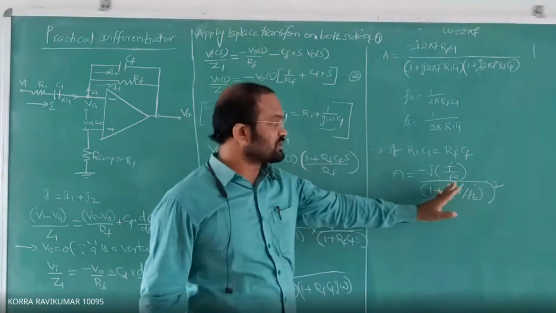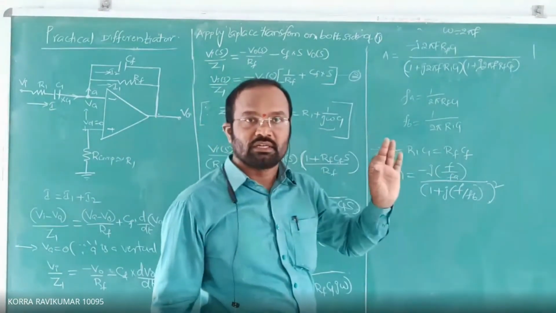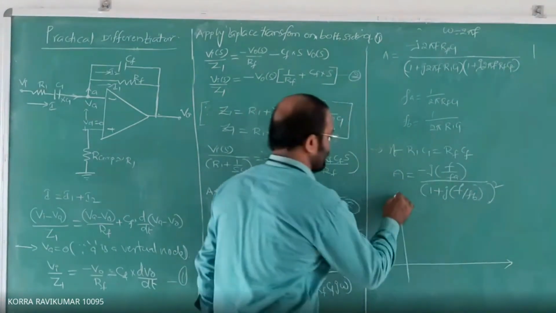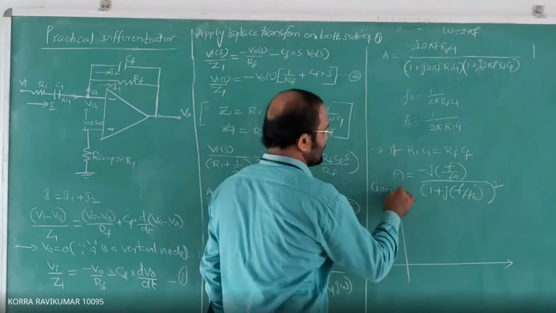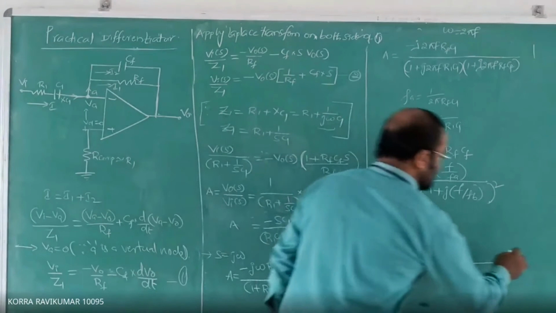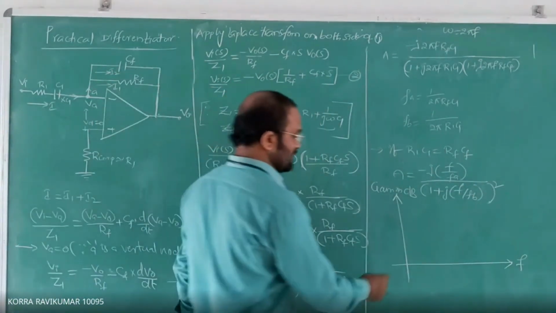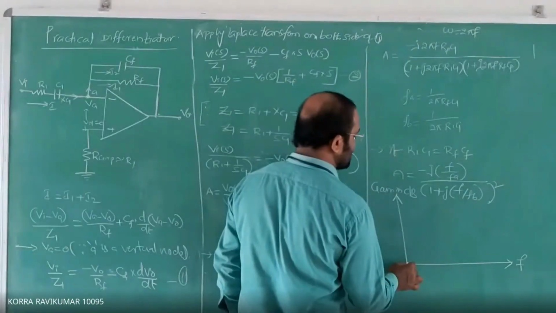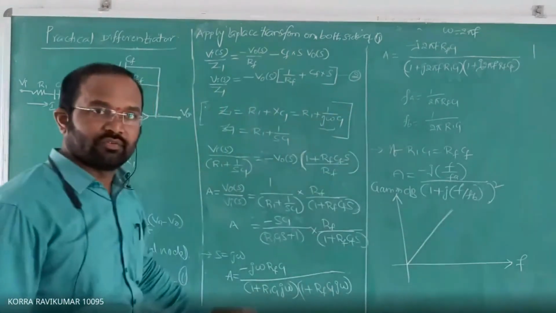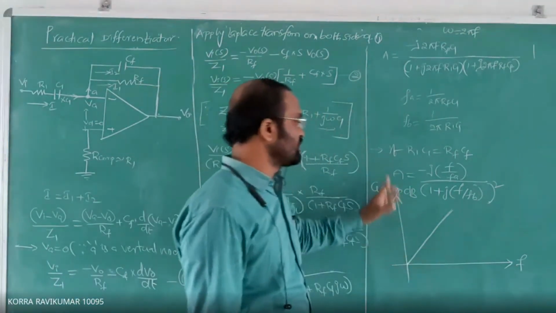If you substitute those fA, fB values in this gain expression by applying the modulus, then the frequency versus gain response curve which we are going to get is: the y-axis is gain in decibels (dB) and the x-axis is frequency. Initially, if frequency increases, then gain also goes on increasing linearly from the negative to the positive side. If you go on increasing the frequency, gain also goes on increasing.